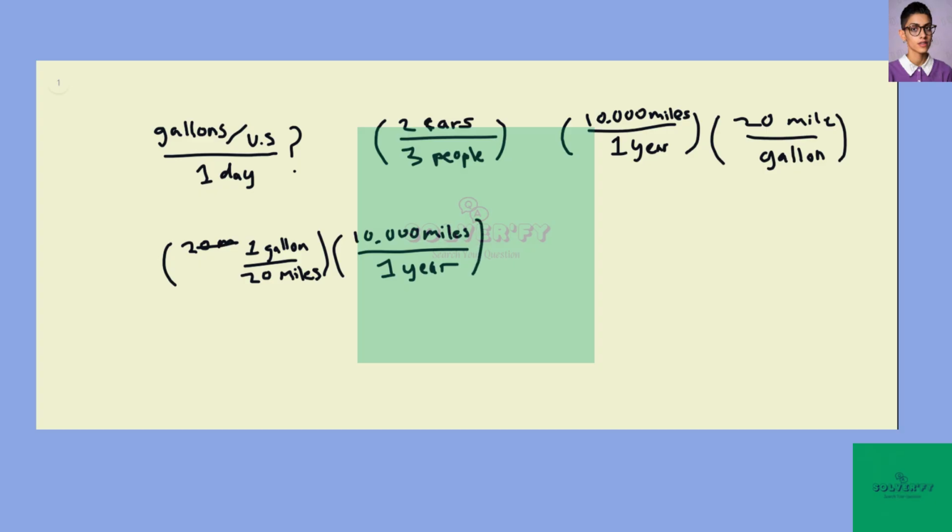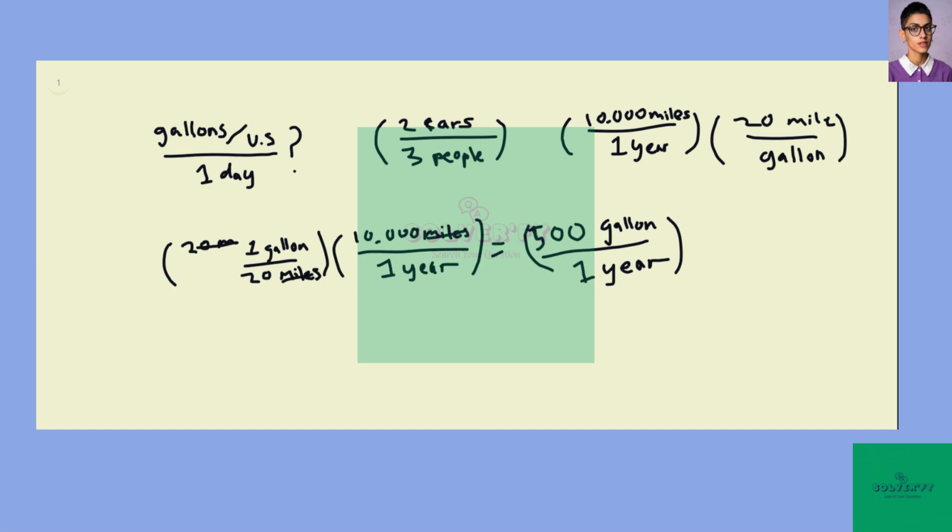And so we can cancel out miles. It gives us 10,000 divided by 20, which is 500 gallons used per year. One thing to recognize is this is how many gallons are used per year per car.